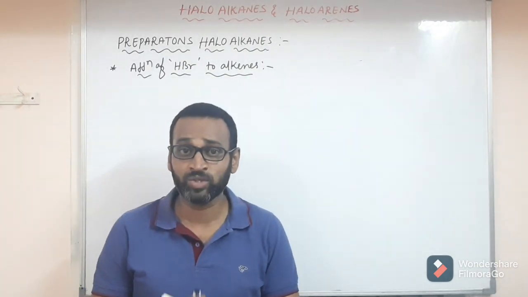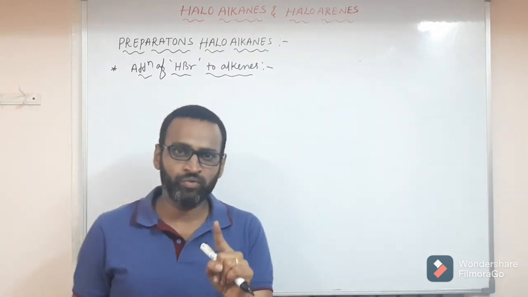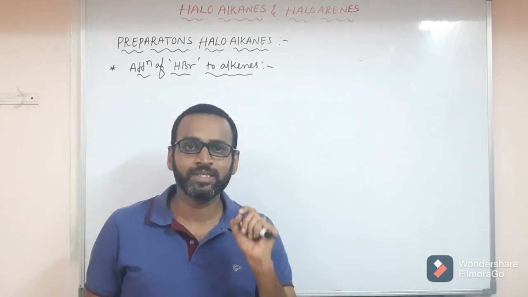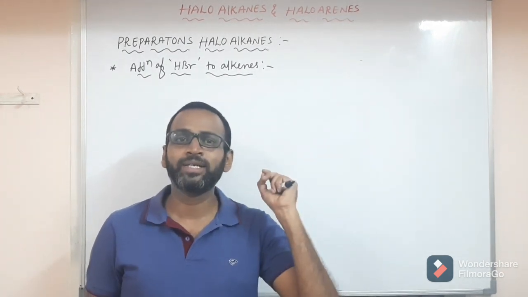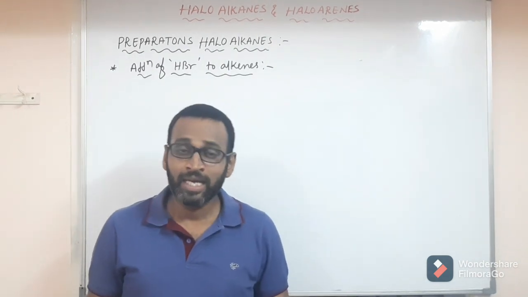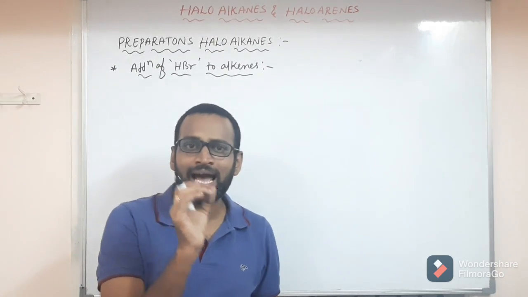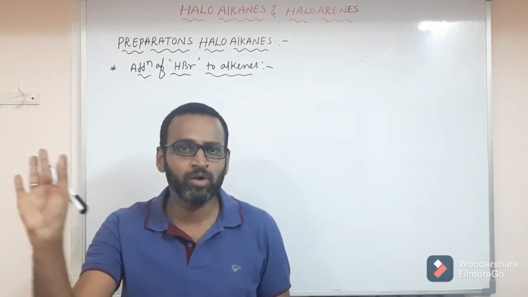This is most and most important thing. But this anti-Markovnikov reaction, we have to follow only in presence of some peroxide like H2O2 or benzoyl peroxide. Even if they give peroxide on the arrow, but the added substance is HCl or HI, there is no anti-Markovnikov rule.